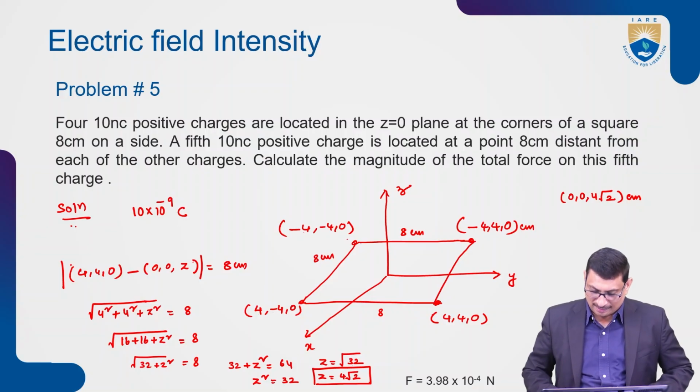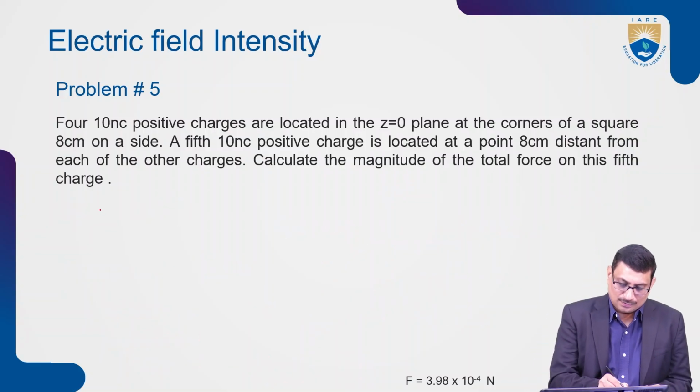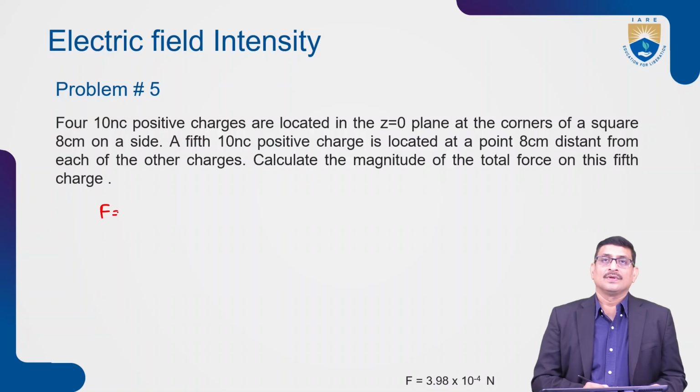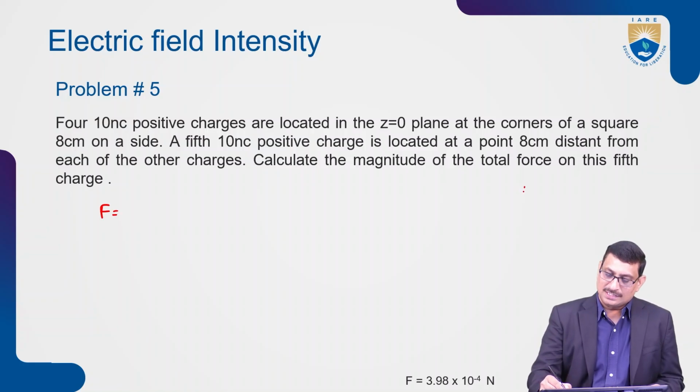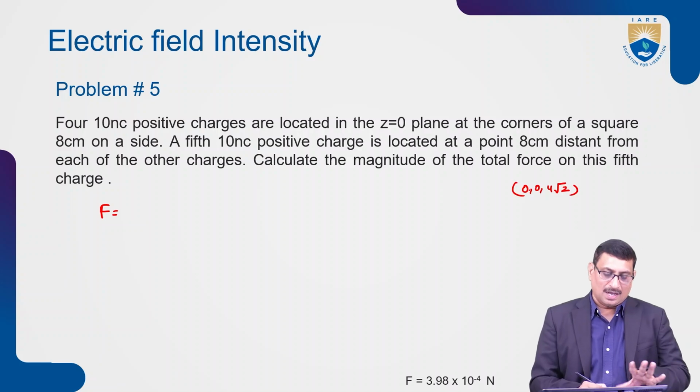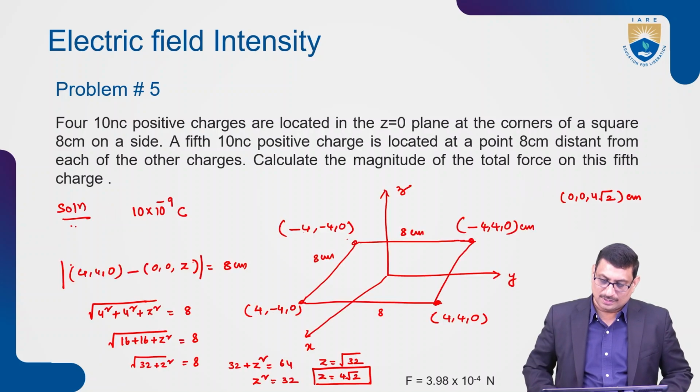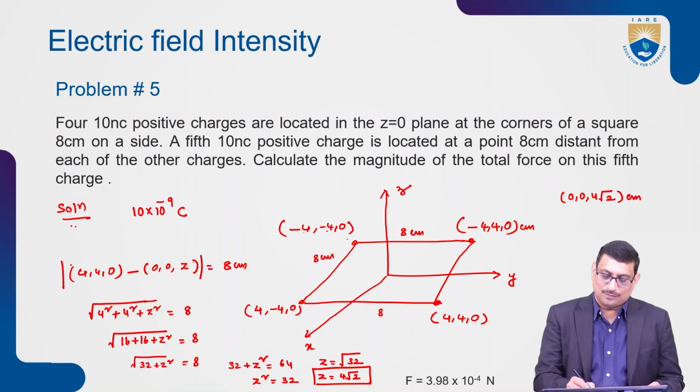Therefore, the force is given by F is equal to, where the fifth charge is at 0, 0, 4 root 2, and all the other charges are located at: the first charge at -4, -4, 0, the other at -4, 4, 0, then 4, -4, 0, and 4, 4, 0.